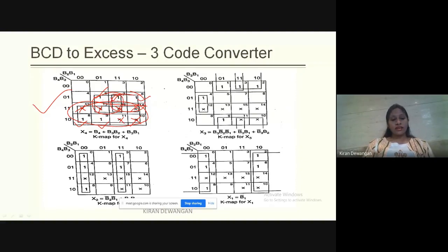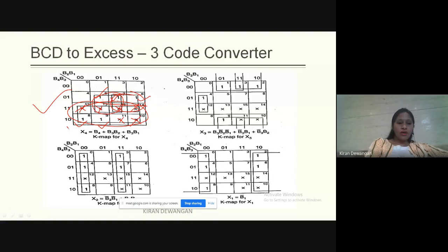I've already said better to form a quad instead of a pair, because quad can be reduced to just 2 variables, pair will be reduced to just 3 variables. So better to reduce it in lesser number of variables.